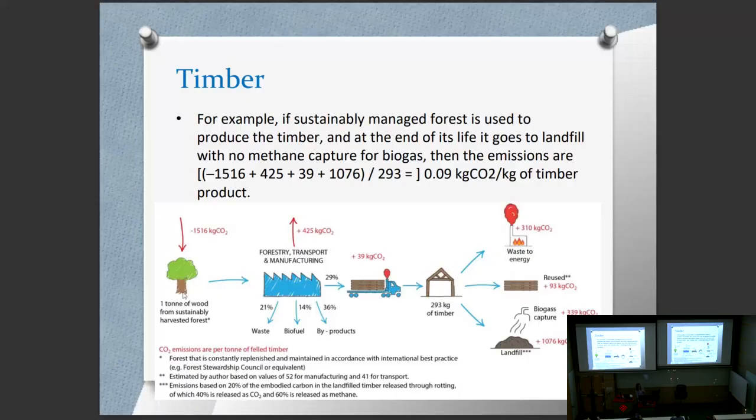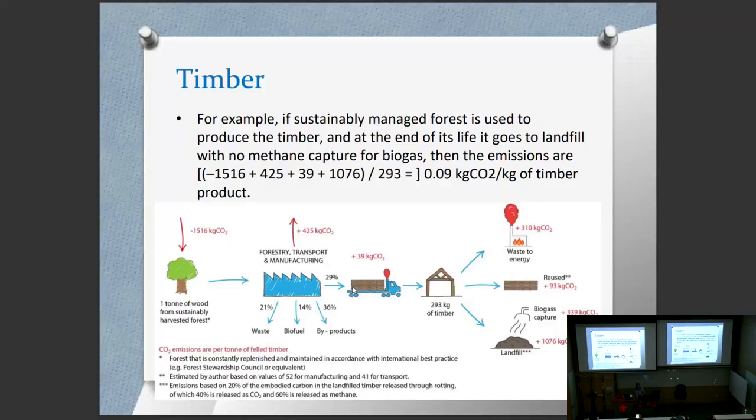Then the wood will go through some manufacturing process, maybe cutting and some processing. These processes may also consume some fossil fuel and result in carbon dioxide emissions. So let's say during this manufacturing process, 425 kg of carbon dioxide will be released.